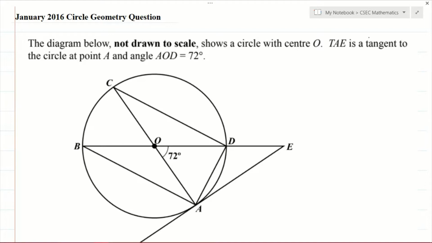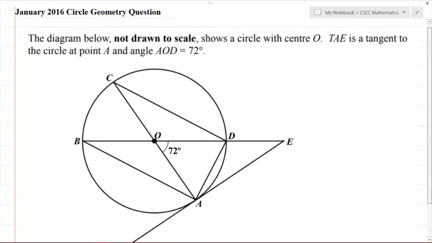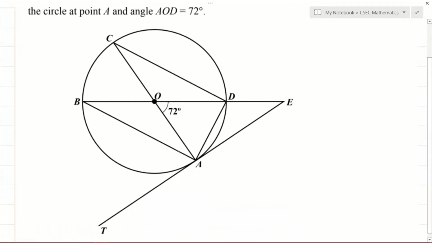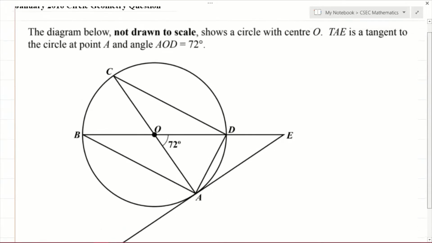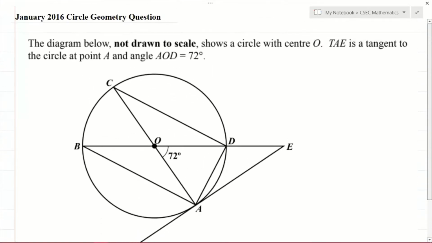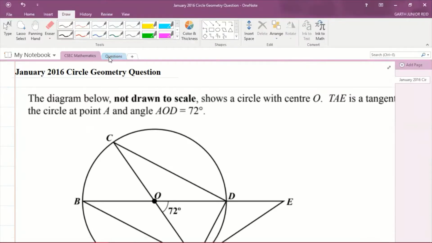The diagram below, not drawn to scale, shows a circle with center O, and TAE is a tangent to the circle at the point A. Angle AOD is equal to 72 degrees, and clearly we can see that. Great, so let's answer some questions here.